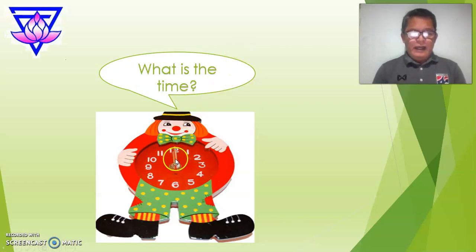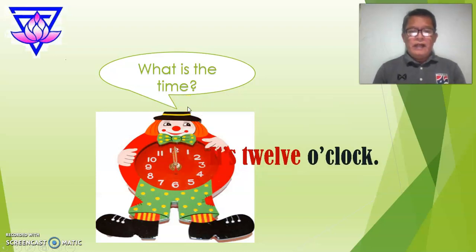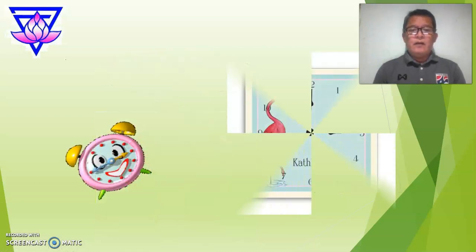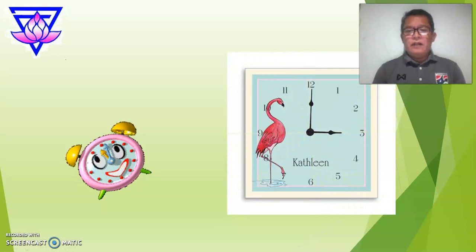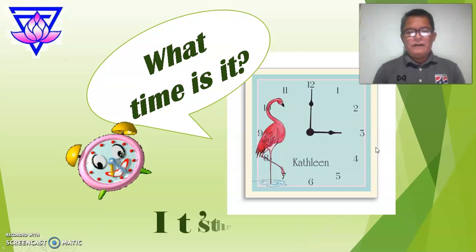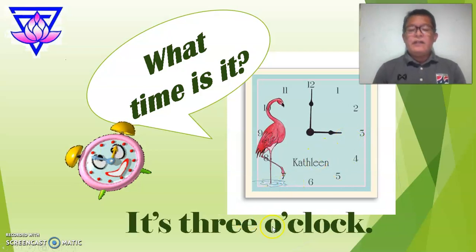The long hand and the short hand are on the 12. So it's 12 o'clock. Look right here. The long hand is on the 12 and the short hand is on the 3. What time is it? It's 3 o'clock.